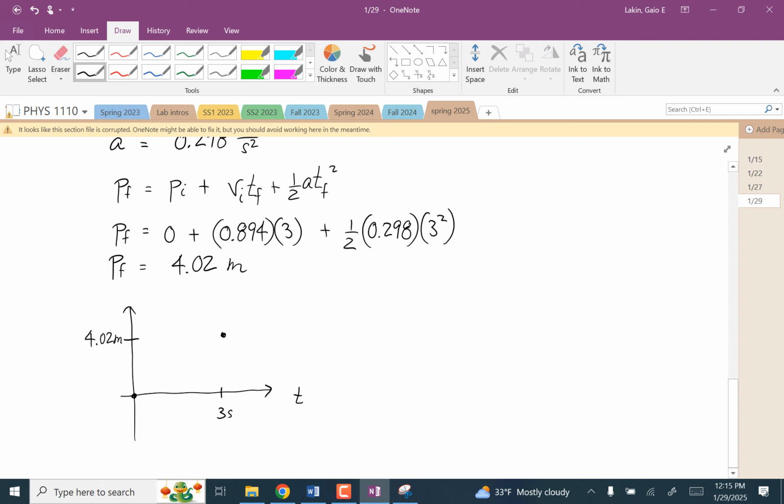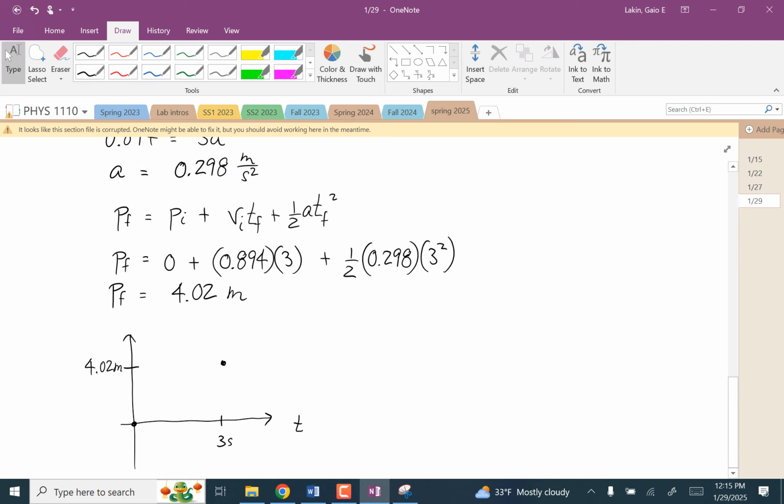And now let's think a little bit about the shape of this. We know that the acceleration is positive. So if there was no acceleration, it would just be a straight line between these two. But we have a positive acceleration, which means that it's going to be concave up, okay?